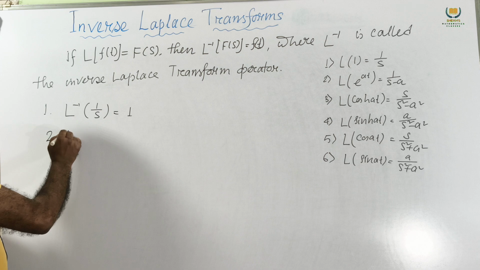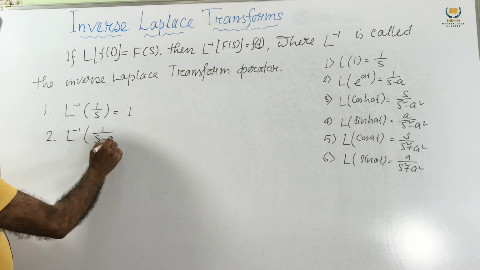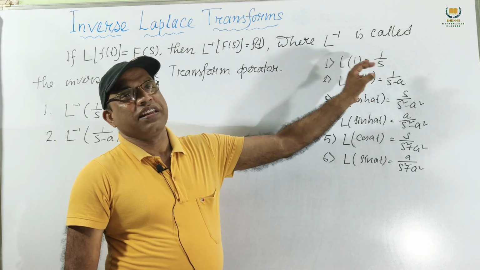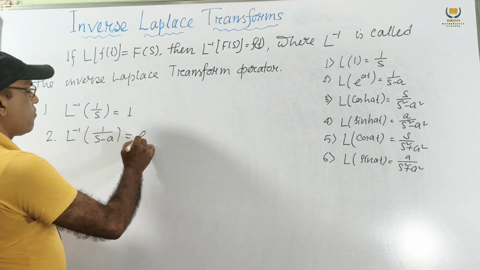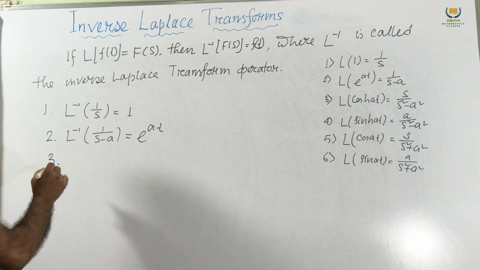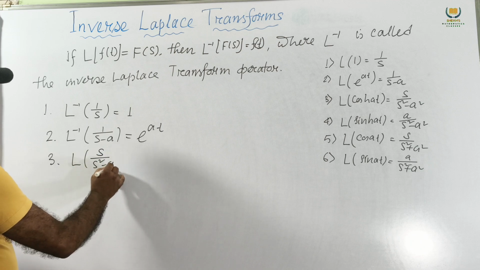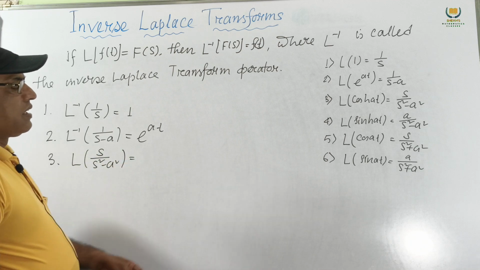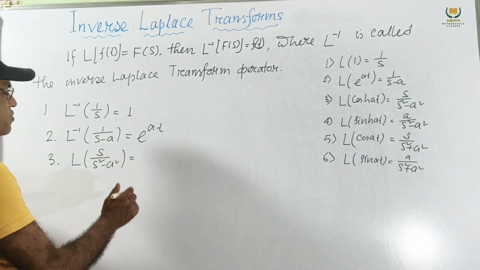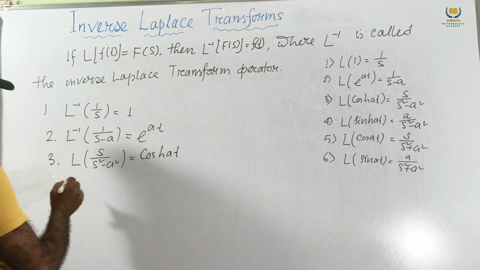Number 2, L inverse 1 by s minus a, this will be e to the power at. Number 3, L inverse s by s square minus a square, this will be cos hyperbolic at.